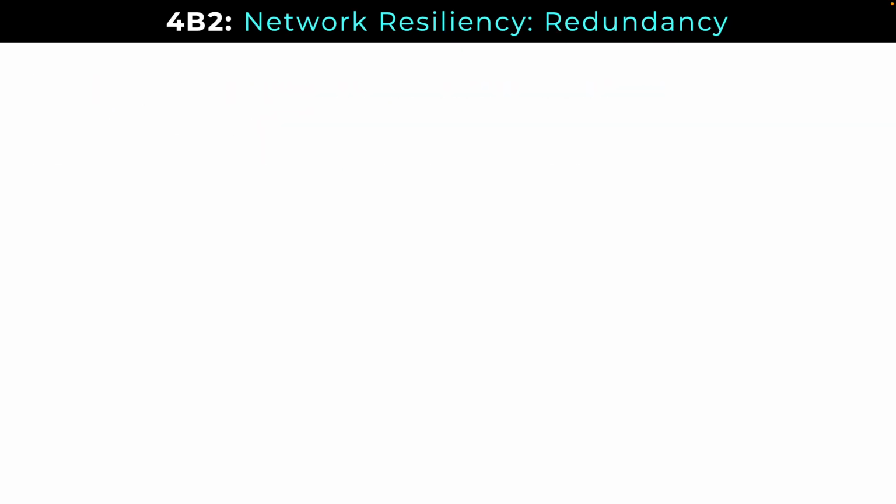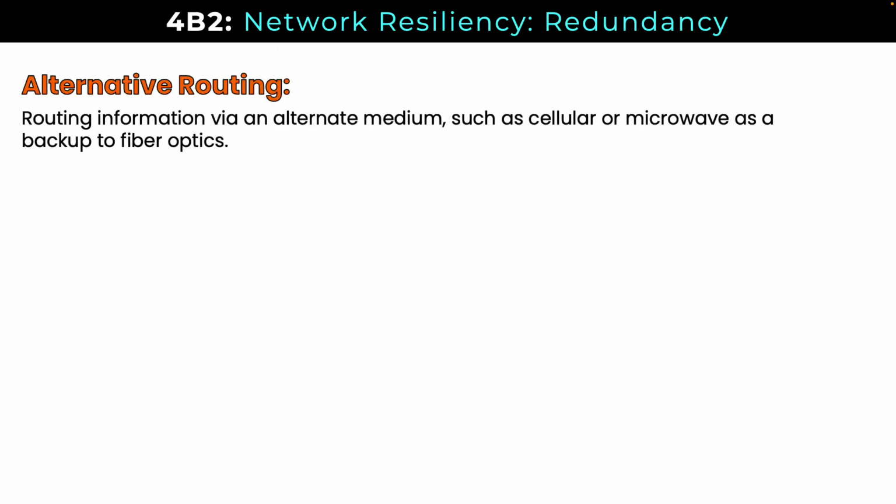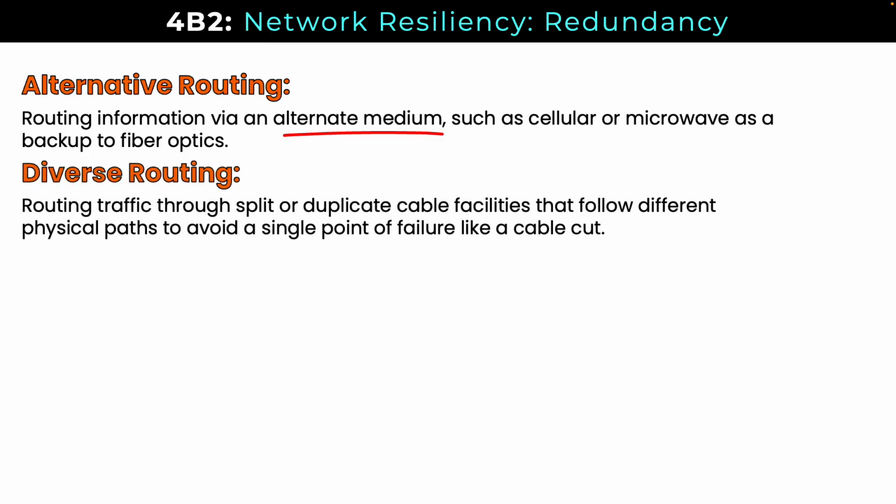So let's talk network resiliency. There's alternative routing, so routing information via an alternate medium such as cellular or microwave as a backup to our fiber optic lines. There's diverse routing, so this is routing traffic through split or duplicate cable facilities that follow different physical paths to avoid a single point of failure like a cable cut.